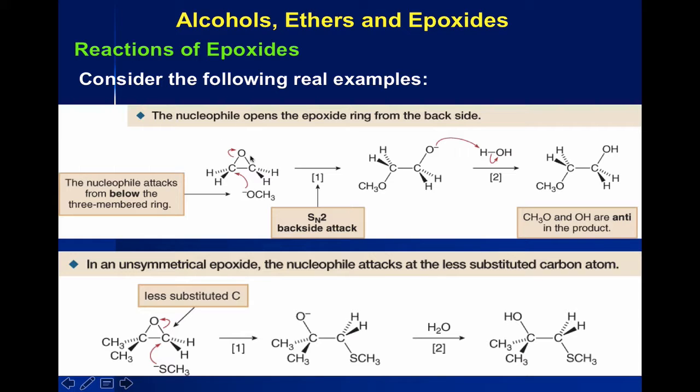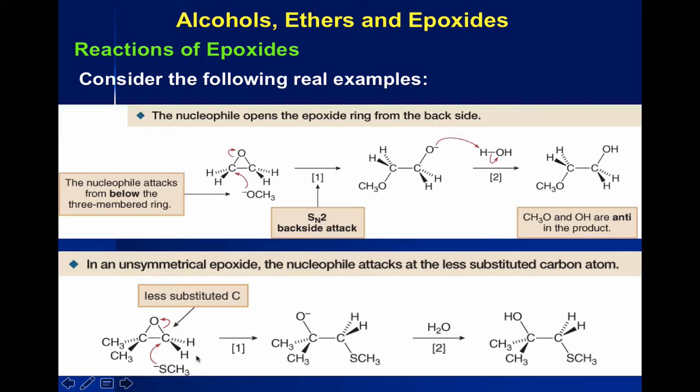Now, when we are under basic conditions, that is, when the nucleophile is in the negatively charged state. So, for example, we're dealing with this S- nucleophile here, this thiolate. In this particular case, we have an unsymmetrical ether. And so we have a carbon which is more substituted because of these two methyl groups, and we have a carbon that is less substituted because of these two hydrogens.